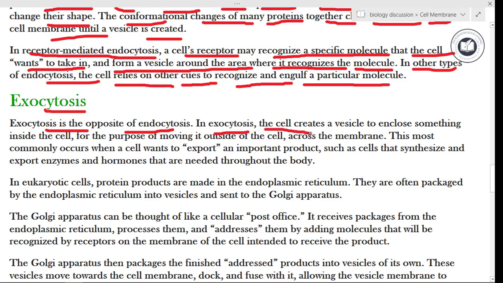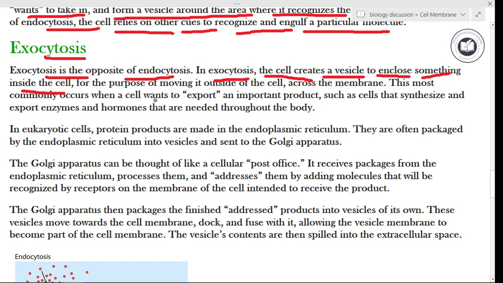In exocytosis, the cell creates a vesicle to enclose something inside the cell for the purpose of moving it outside of the cell across the membrane. The vesicle forms inside the cell and goes through the membrane towards the outside.